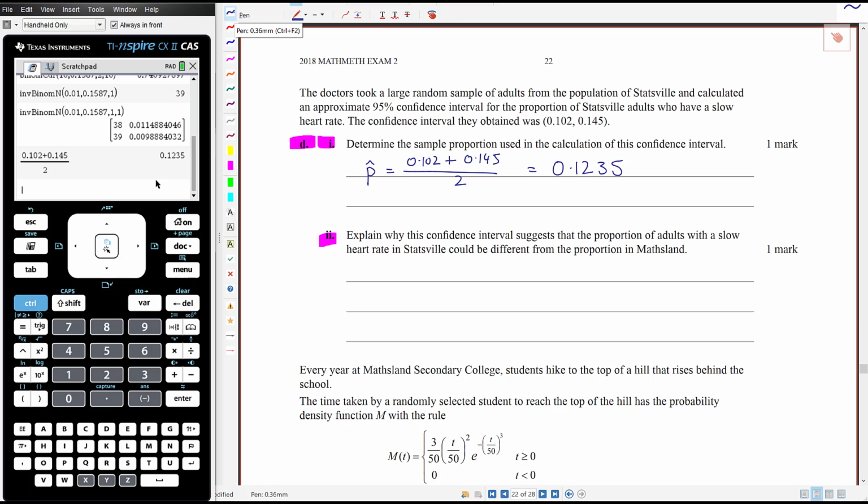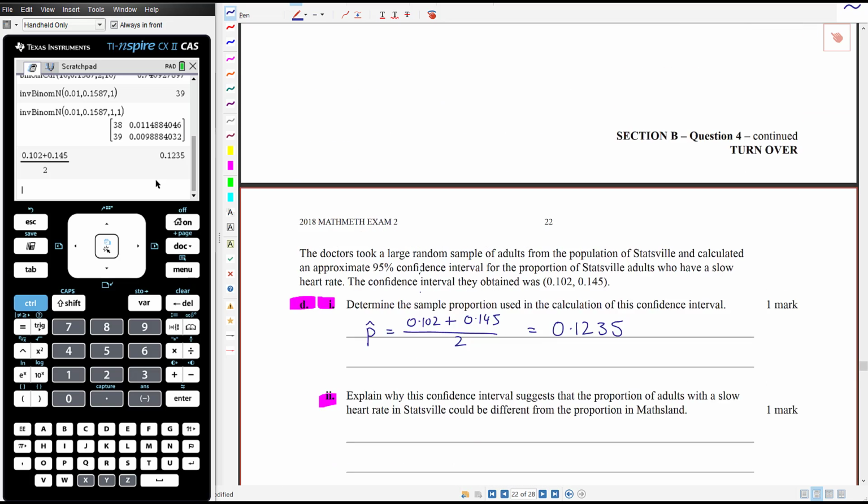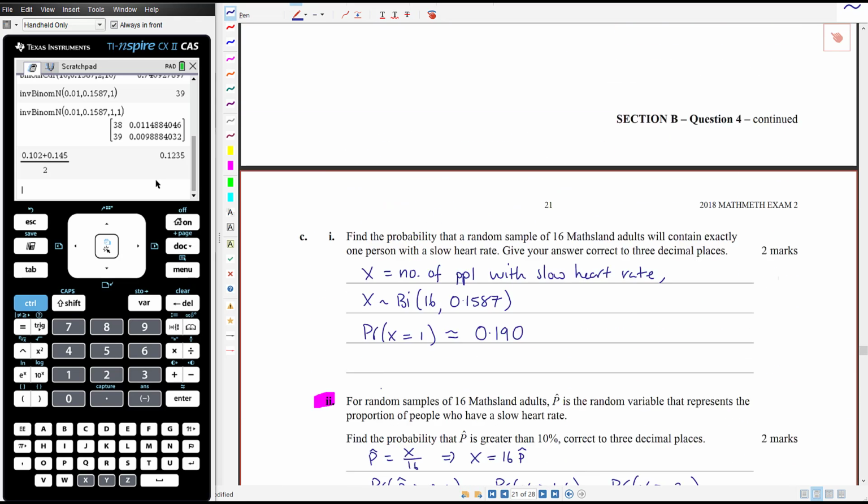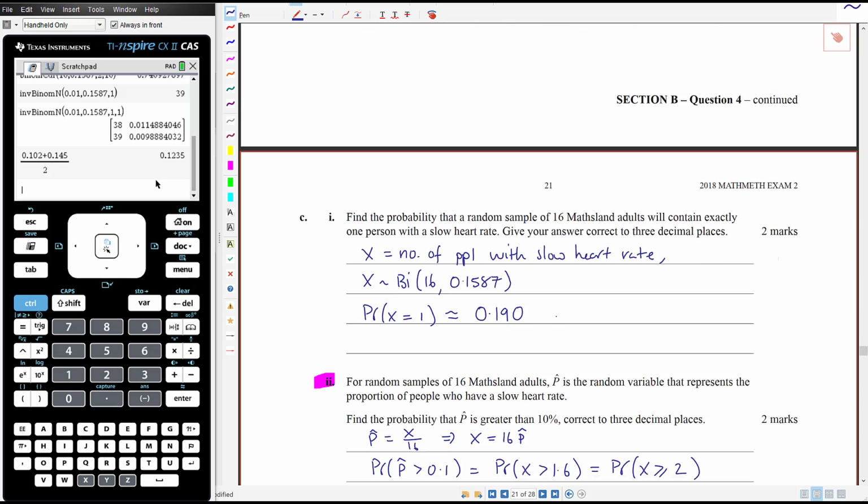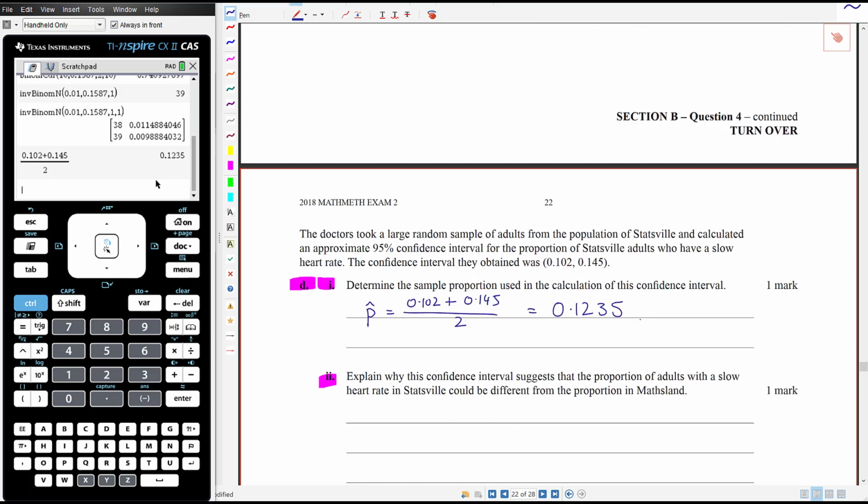Part 2, explain why this confidence interval suggests that the proportion of adults with a slow heart rate in Statsville could be different from the proportion in Mathsland. Okay, so remember the proportion of people with a slow heart rate in Mathsland was found to be 0.1587, I think? Yeah, 0.1587.